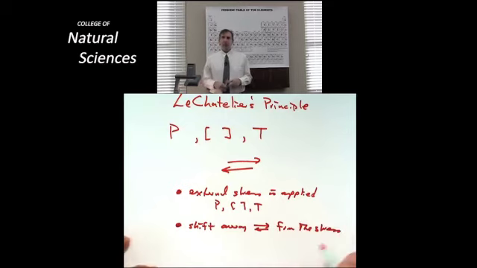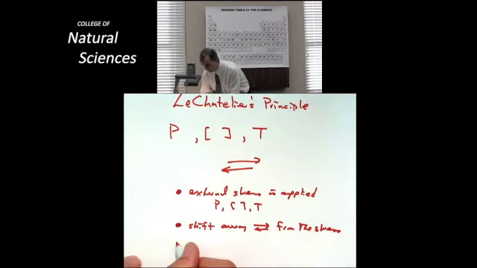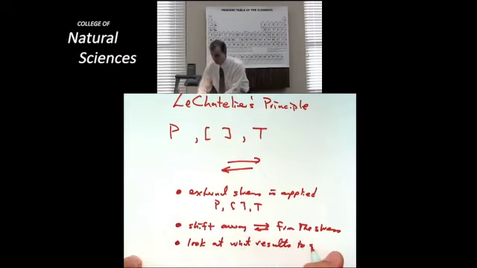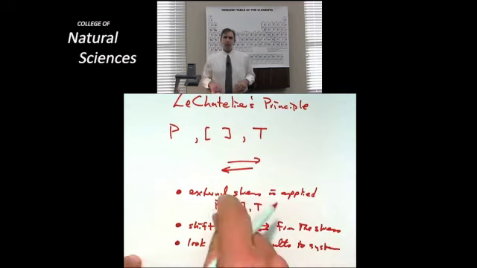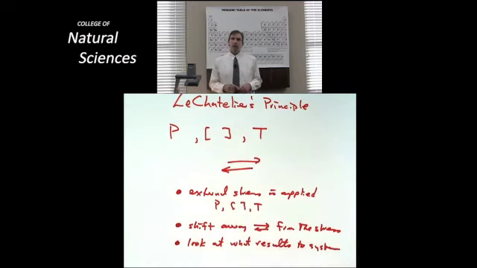That's it. That's how you work Le Chatelier's Principle problems. An external stress is applied. You shift away from it by shifting either left or right. And then look at what results to the system. If you can follow these three steps, then these Le Chatelier's Principle problems are incredibly simple.